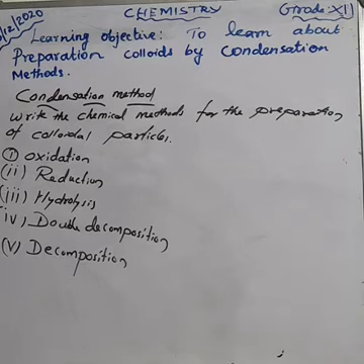At least one equation is compulsory. Anyhow, for the 2 mark question this much is enough. Next we will discuss the 5 mark question: write the chemical methods for the preparation of colloids. Oxidation.